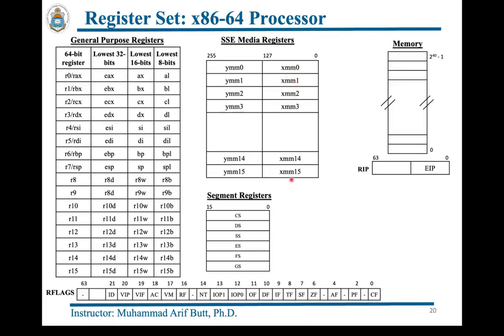Well, new processors also provide streaming SIMD extensions that use these 256-bit registers, namely YMM0, YMM1 and so on to YMM15. My dear students, we will inshallah see all these registers in action when we will be getting our hands dirty by writing and executing assembly programs for our x86 64 systems.